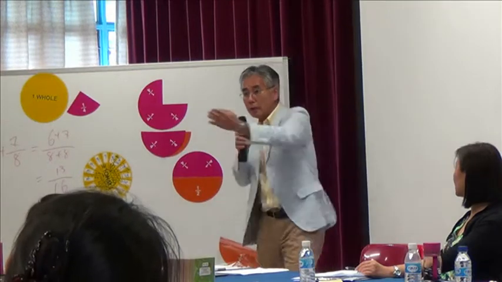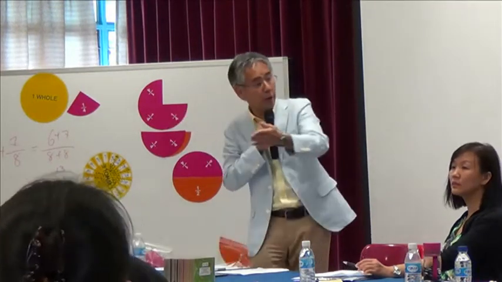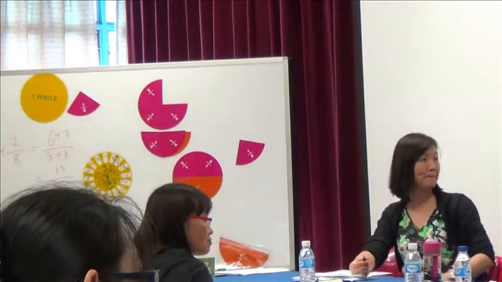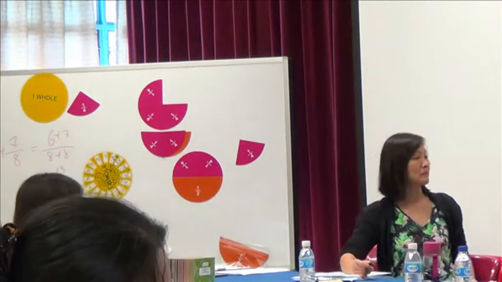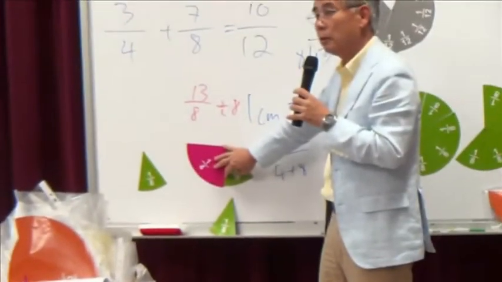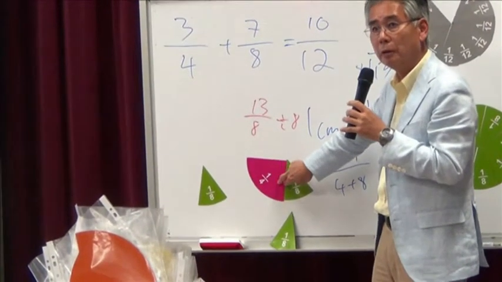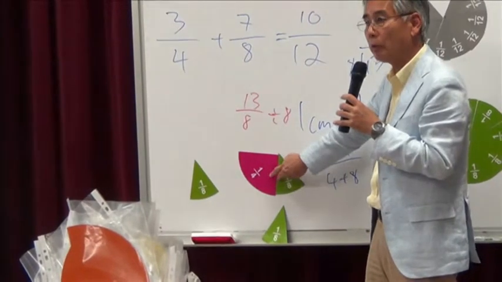And as you said, you pointed out very important things. You can add these two pieces, right? This is the amount of pizza you get. This is the answer. If you use the manipulative, this is the answer, right? So this is the amount of pizza I got.